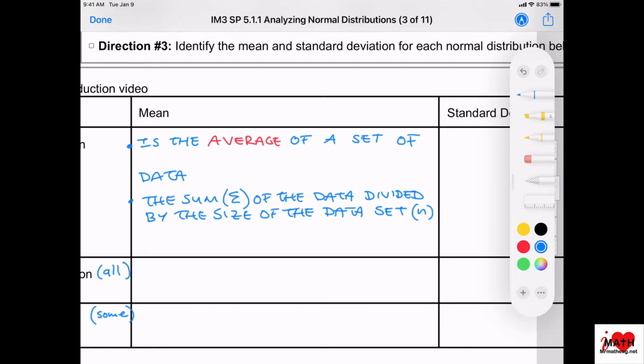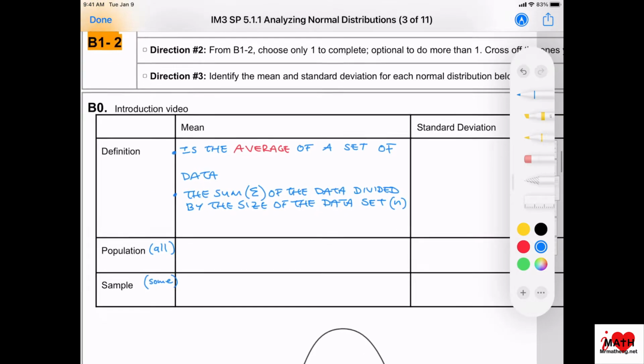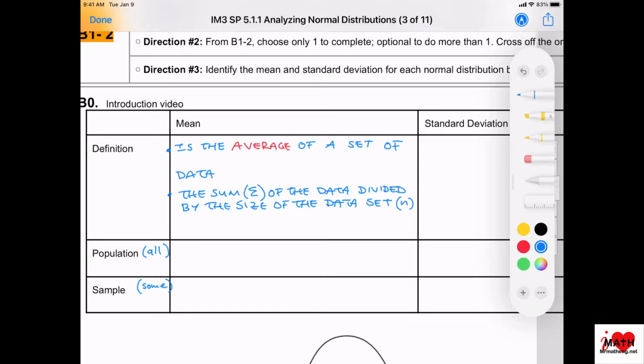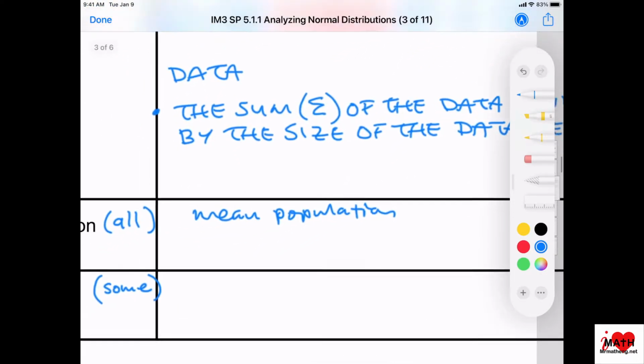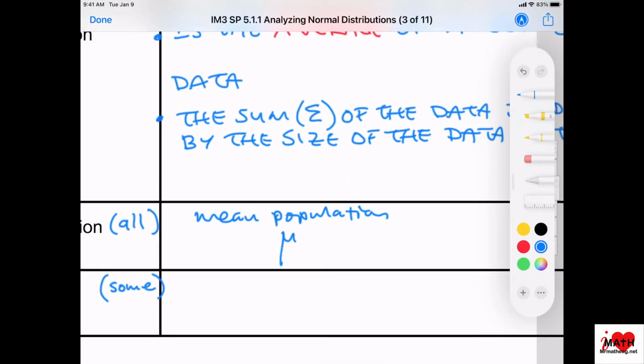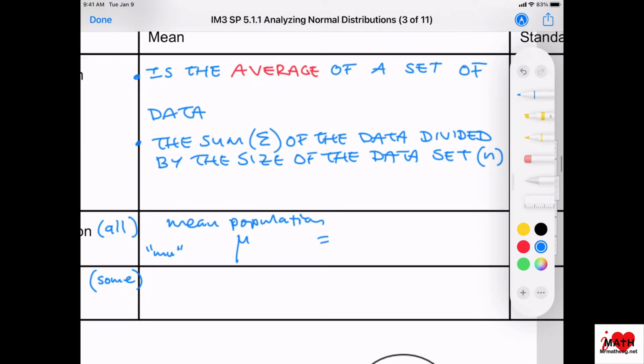So, with the population, the mean of the population is this symbol, mu, it's pronounced mu, it's a Greek letter, equals the summation of all those points divided by n.